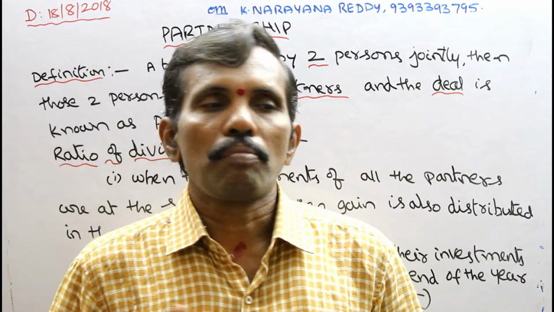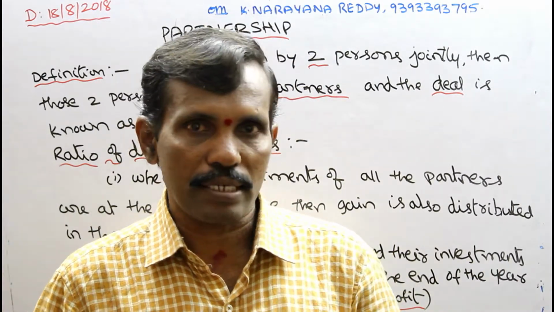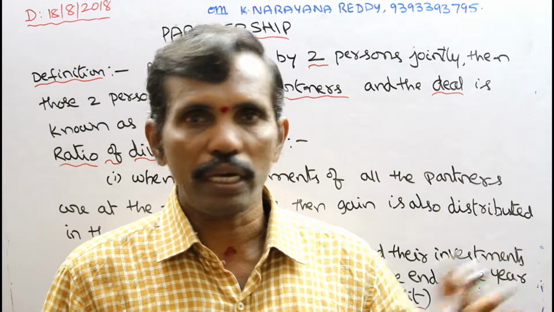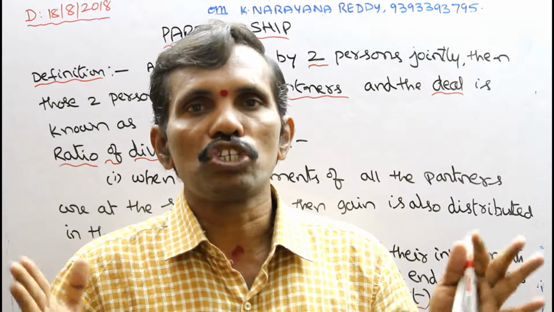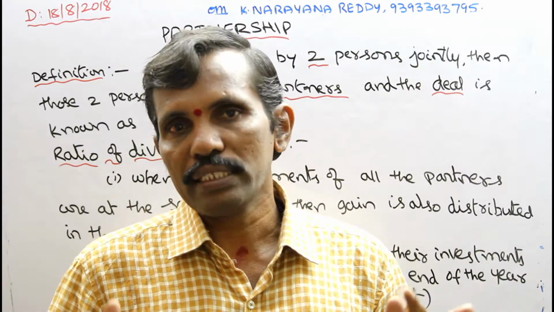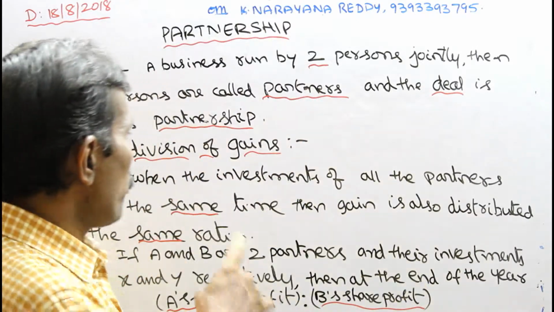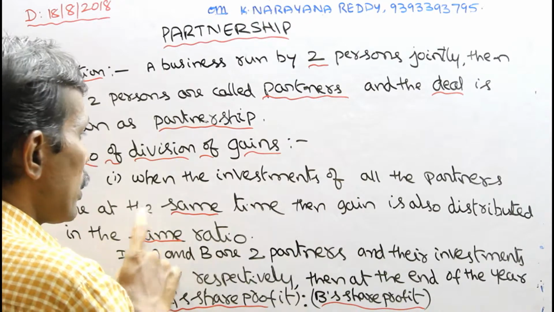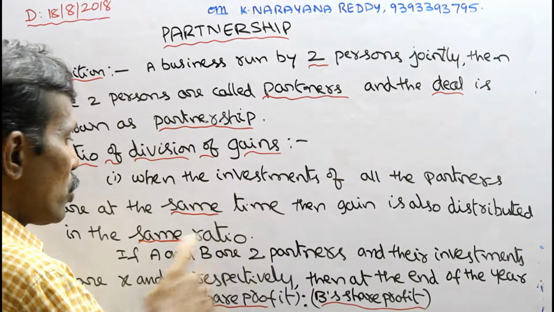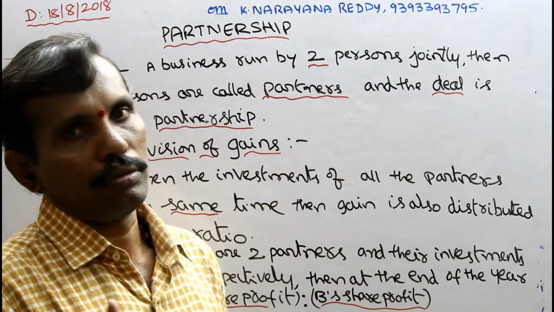Some persons have 1%, some 10%, some 15%, some 70%, depending upon the percentage, the gain will be distributed among them. So same time, same ratio.